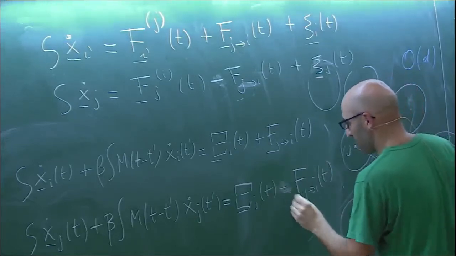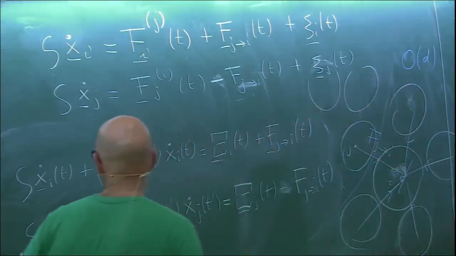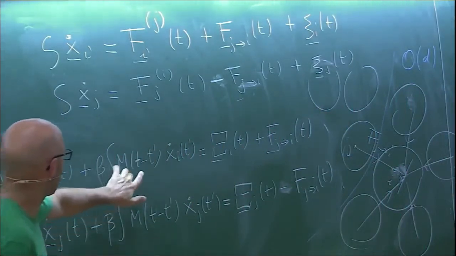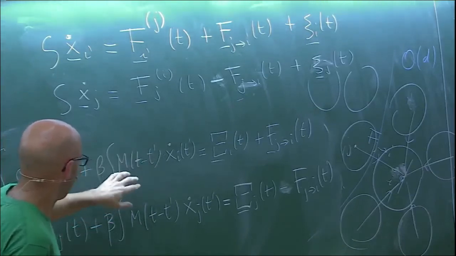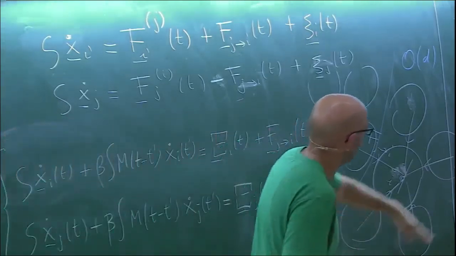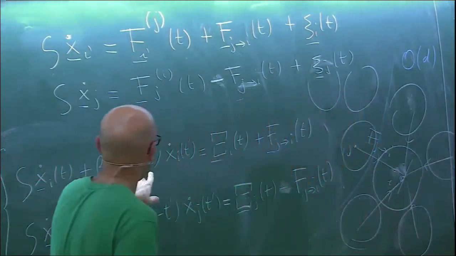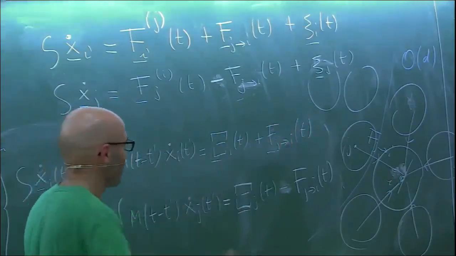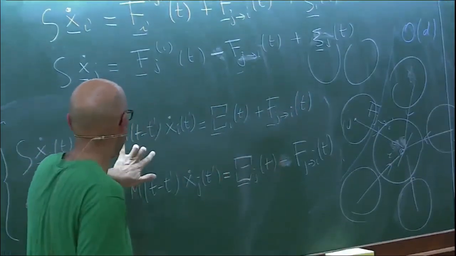So I have these two equations, an equation for I and an equation for J, where I introduce now this thermal bath M that comes from all the other neighbors. This function M is the same as before, because, okay, here there are d minus 1 neighbors, but it doesn't change anything when d is infinite.